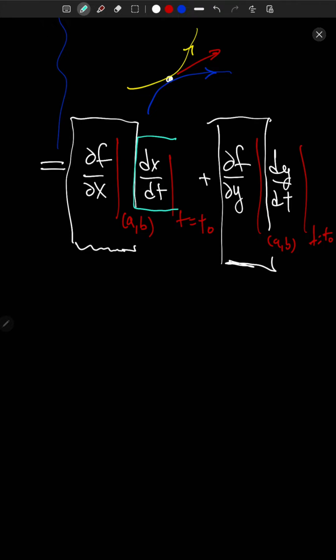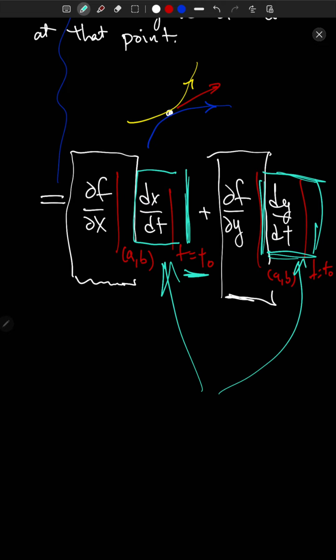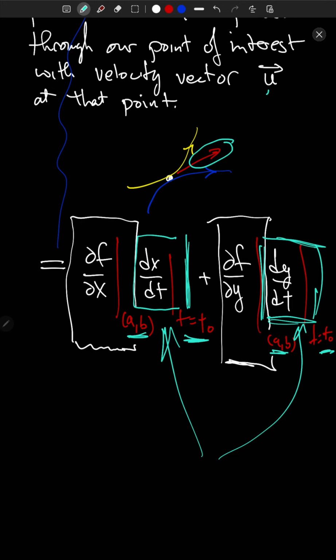dx dt, that depends on the parameterization. dy dt, that depends on the parameterization, right? But not really, because we insisted that at our point of interest, t equals t naught, or the corresponding point in space a comma b, this red arrow be a unit vector in our direction of interest, u.